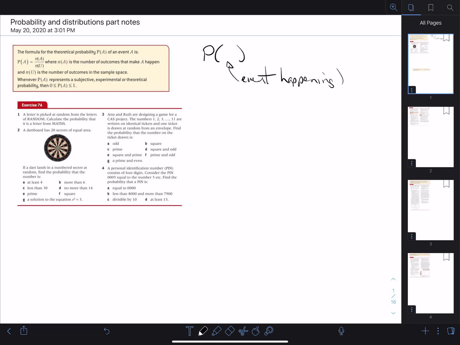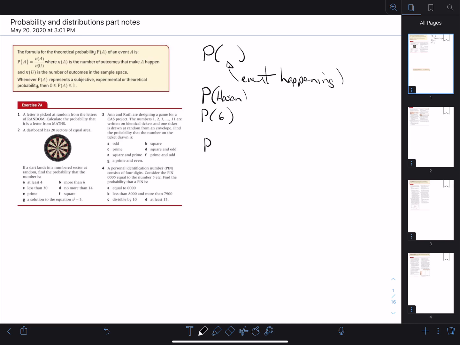So, for example, you could use words like, what's the probability of rolling, or what's the probability of me picking Hassan on a team, or what's the probability of rolling a 6. As long as we know the context, I understand what you're trying to say there.